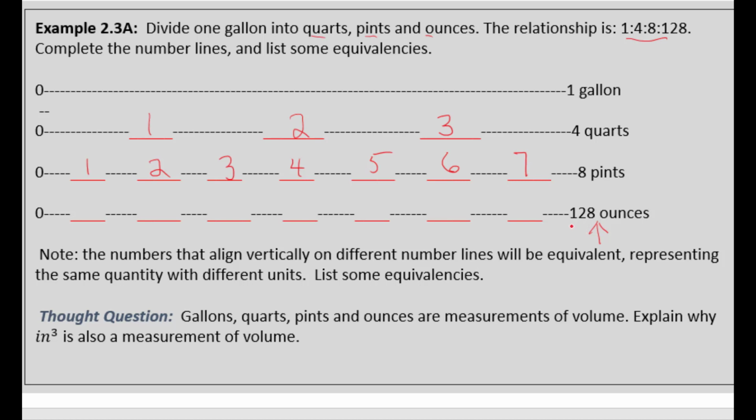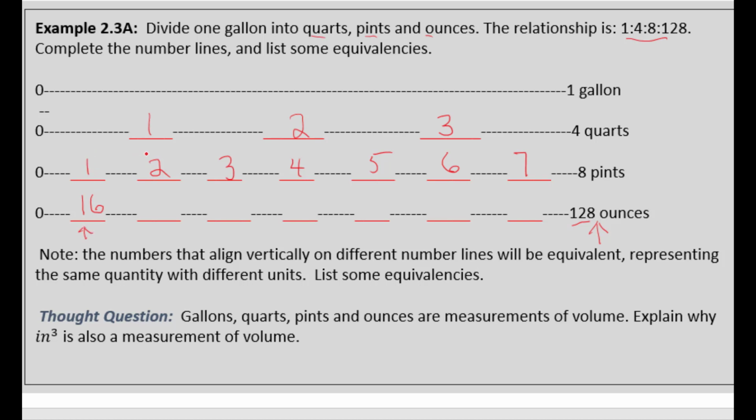And how am I going to do this? Well, how about 128 divided by 8 equal parts would be 16 here. So 1 pint equals 16 ounces. They're lined up vertically.